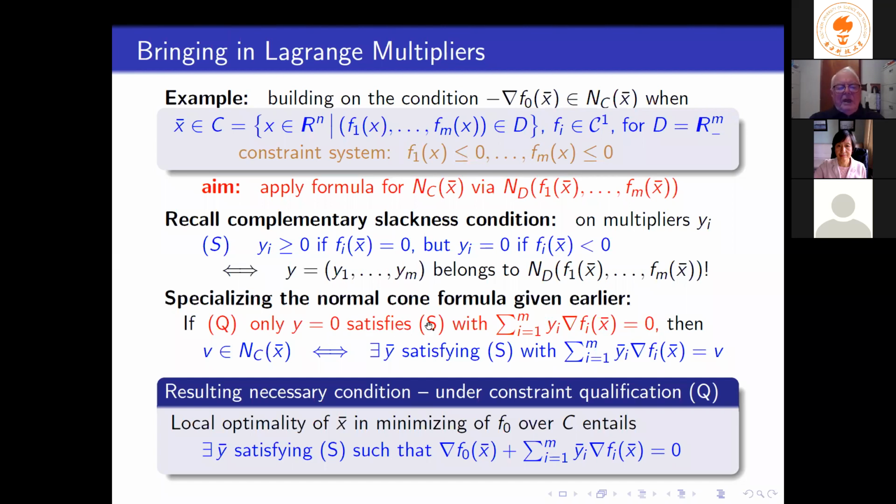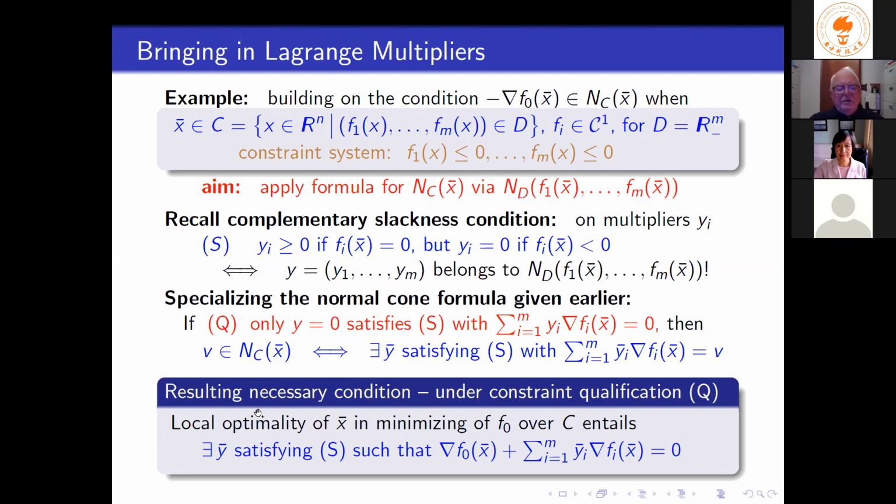All right, anyway, under that constraint qualification, Q, the vectors that are in the normal cone are exactly the ones such that, because I can apply that formula now, there exists a multiplier vector y bar that satisfies complementary slackness and makes that sum equal 0. So these are the Karush-Kuhn-Tucker conditions for this classical problem.